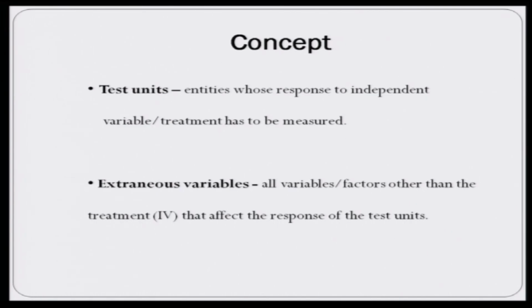So, the test units are those objects on whom we try to understand how the treatment or the independent variable is exerting its influence. Then you have extraneous variables, all the variables and factors other than the treatment, the independent variable, that affect the response of the test unit. And to infer causality, you need to control the effect of extraneous variables.